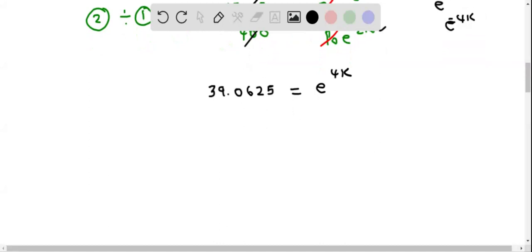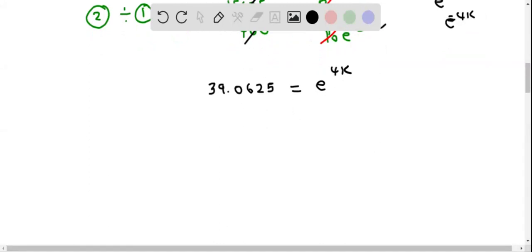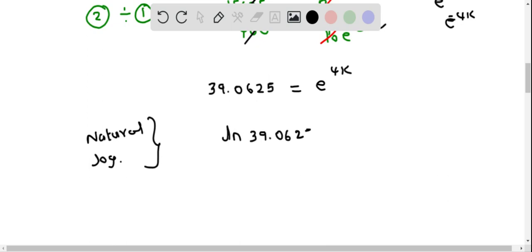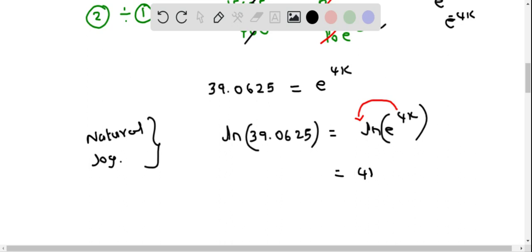Now to determine the value of k, I'm going to take the natural logarithm of both sides. So the natural logarithm of 39.0625 equals the natural logarithm of e raised to the power of 4k. I'm going to use the power rule of natural logarithm, so the power comes in front. I can rewrite this as 4k times the natural logarithm of e.